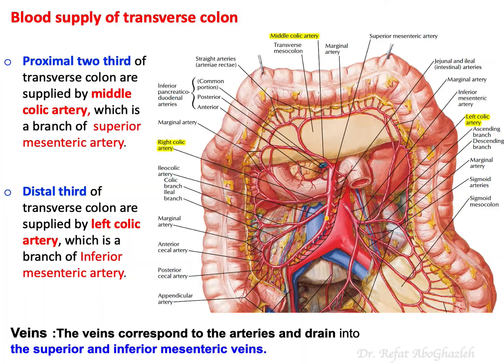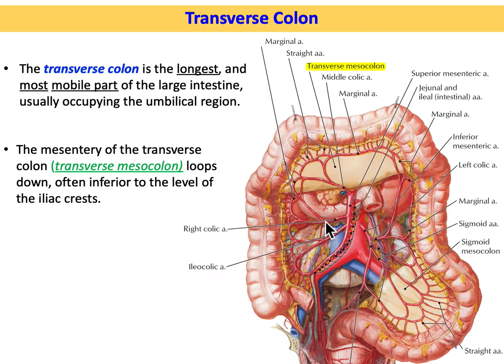So back to the transverse colon. It's better to study the cecum and ascending colon, then shift to the descending colon and cover the blood supply of both of them. The ascending colon's blood supply comes from the ileocolic and right colic, from the superior mesenteric, while the descending colon's blood supply comes from the inferior mesenteric through the left colic and sigmoidal.